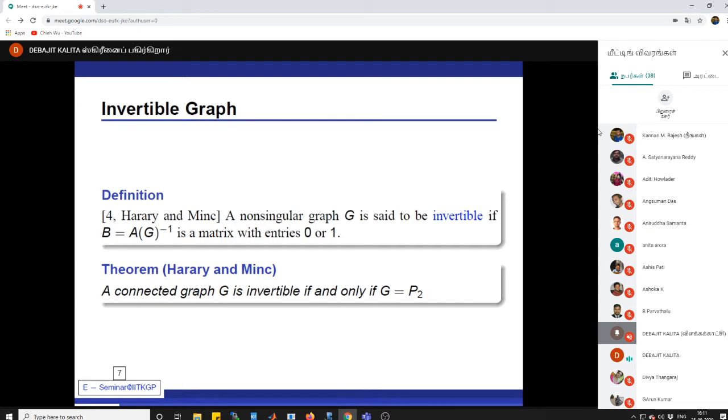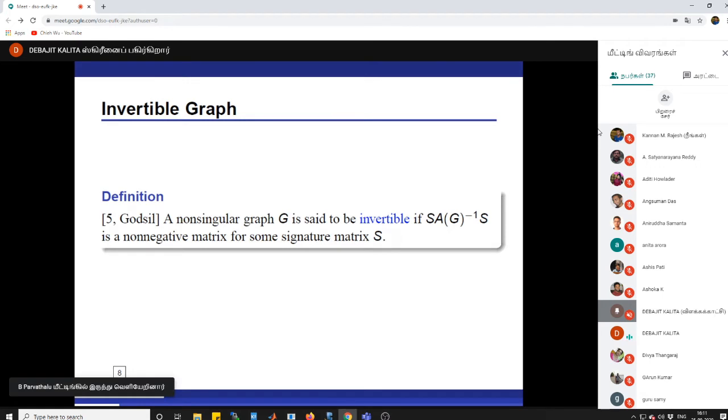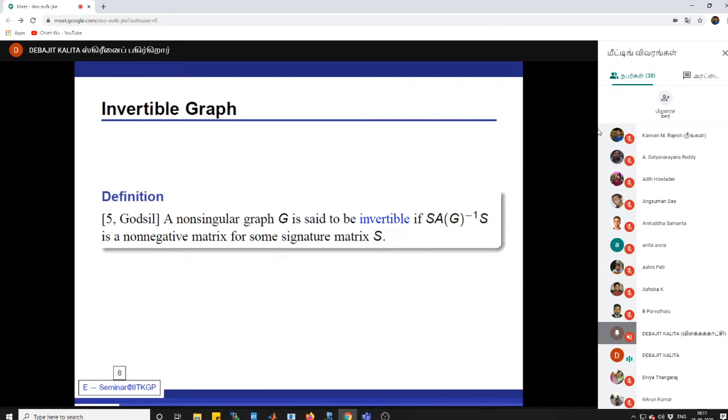Because of this, Godsil came up with another notion of the inverse of a graph. He defined that a non-singular graph is invertible if the inverse of its adjacency matrix is signature similar to a non-negative matrix.